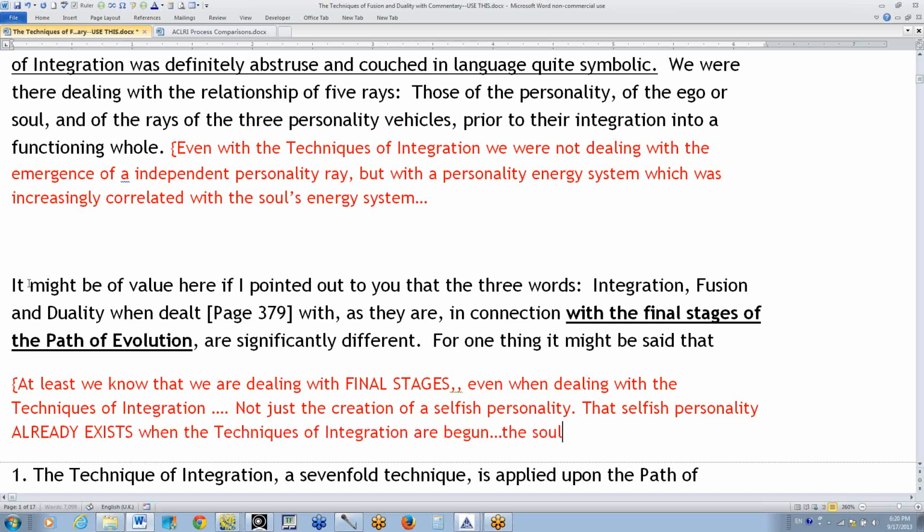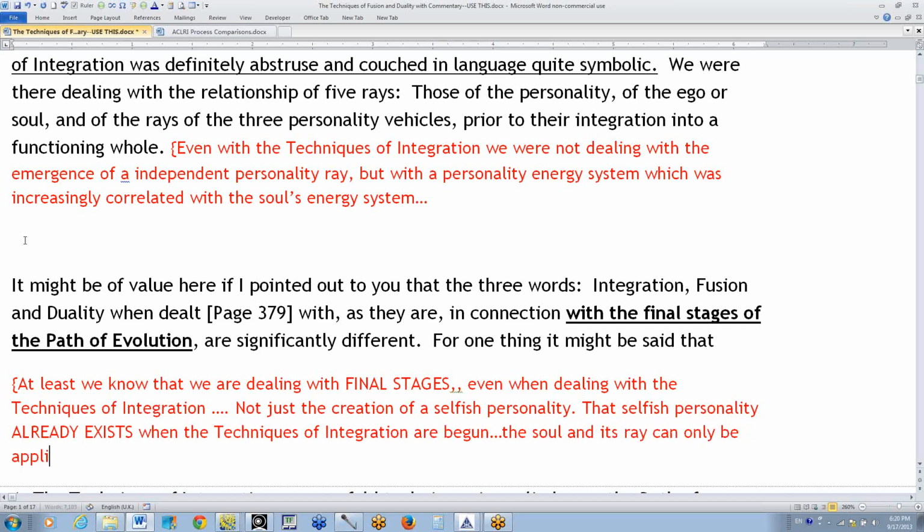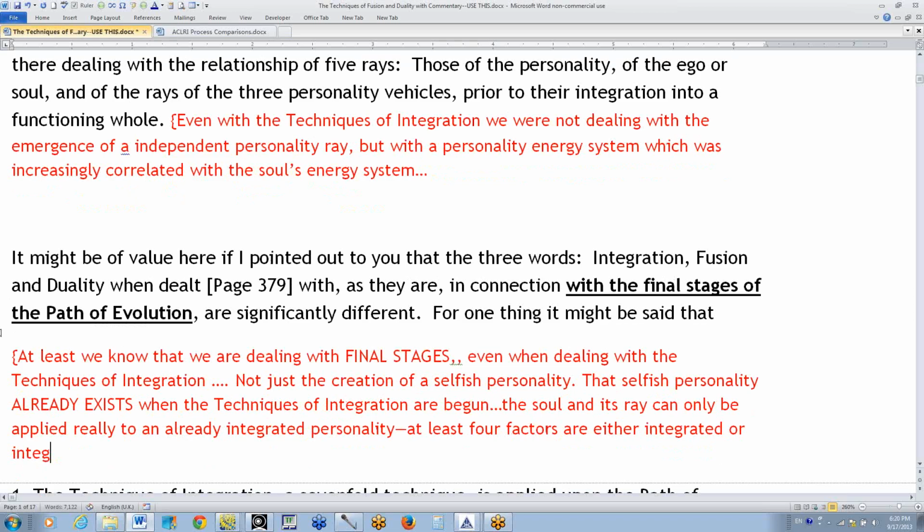So the soul and its ray can only be applied really to an already integrated personality. At least 4 factors are either integrated or integrating.